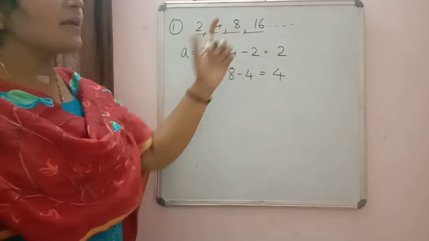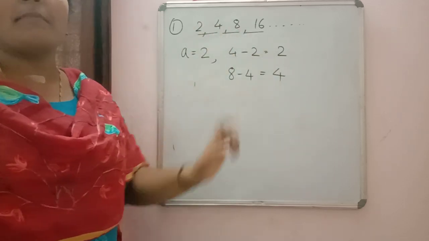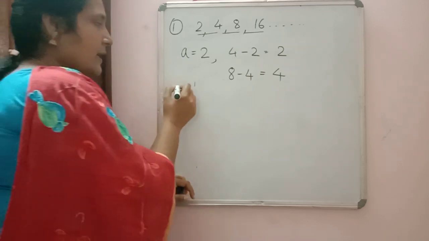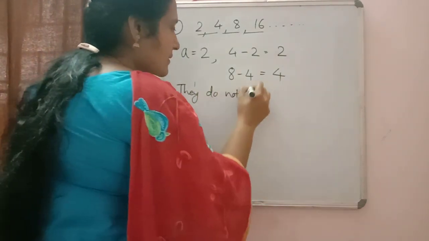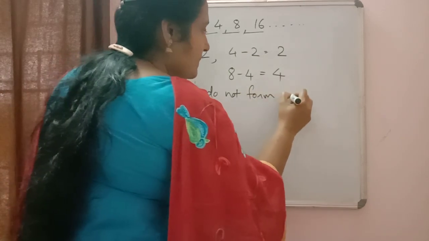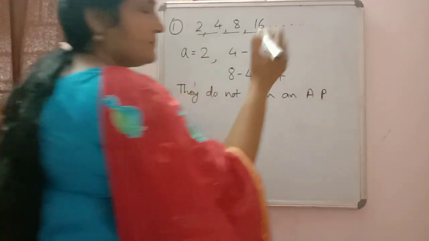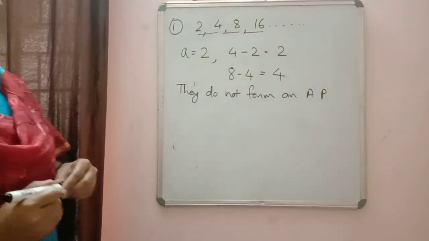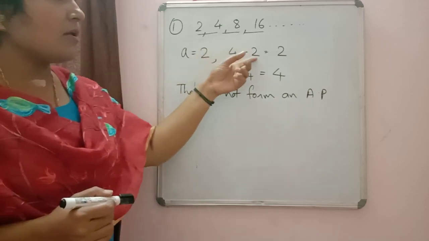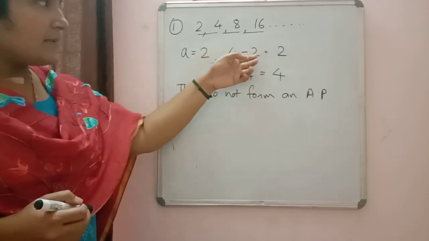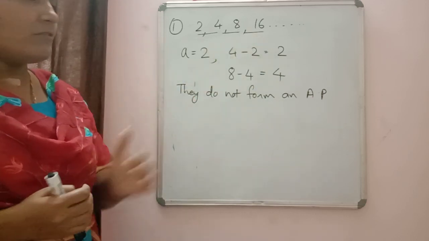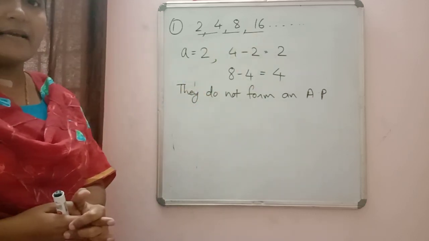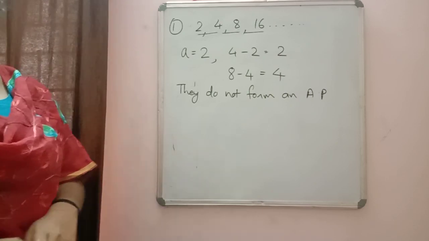If the differences are not the same, they do not form an AP. At present the difference is not common, so we will not call it a common difference. So they do not form an AP.